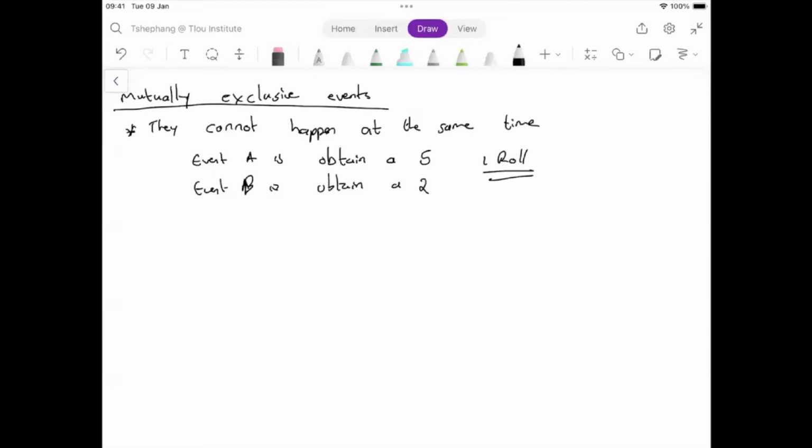No, it's not. Right? Because it's not possible for you to obtain both a 5 and a 2, we can then say the probability of A and B is equal to 0. They cannot happen at the same time. Is it clear for everyone? Make sure that you wrote this down. These are mutually exclusive.